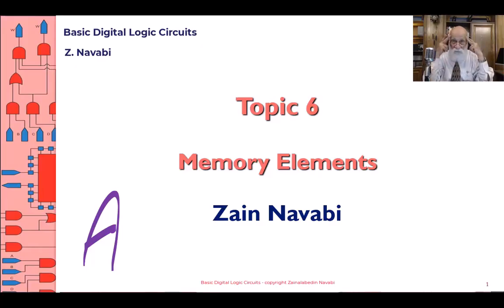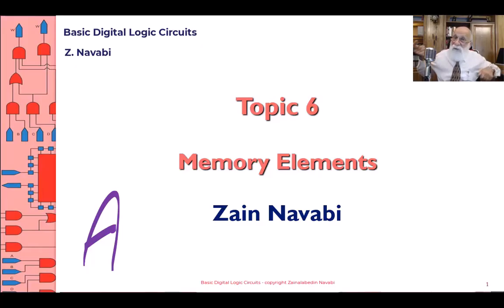Combinational meaning that the present input is the only thing that affects the output. That means the output only depends on the present input. No history of what has happened in the past is ever remembered by a combinational circuit.